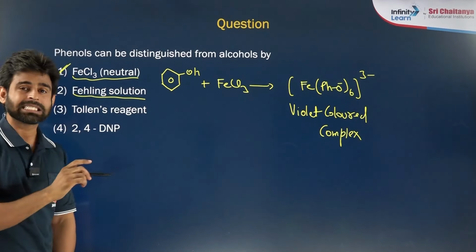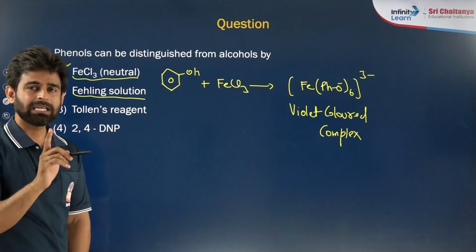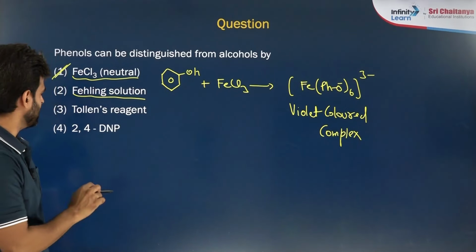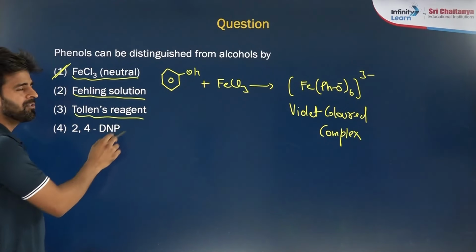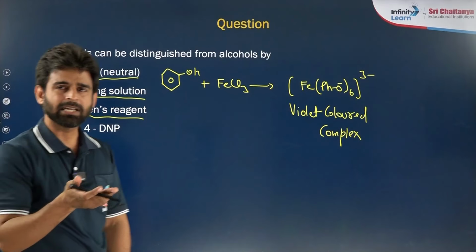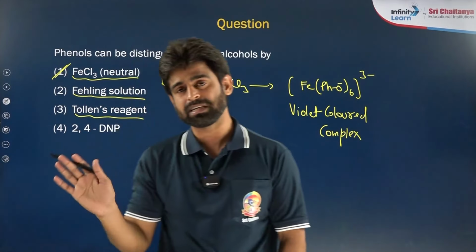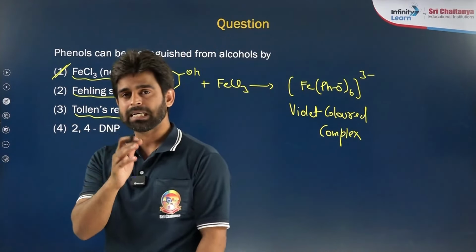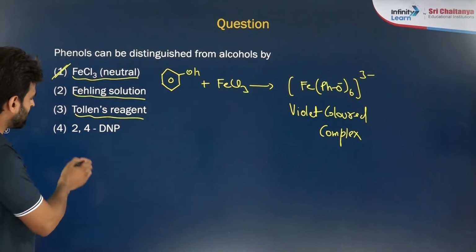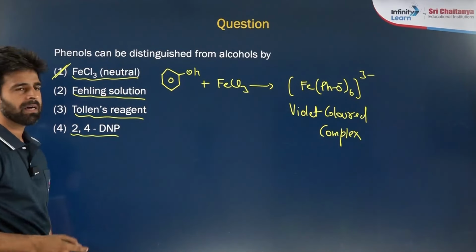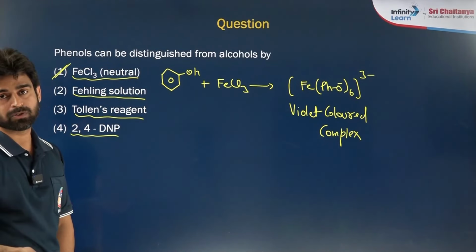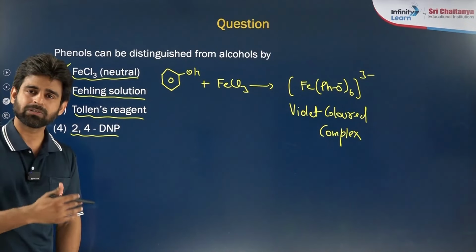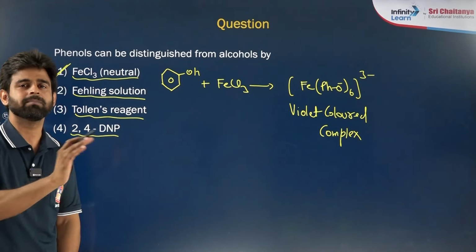And Fehling's test is given only by aliphatic aldehydes, not aromatic aldehydes, right? Tollens' test can be given by aliphatic as well as aromatic aldehydes but not ketones. So it is definitely used to distinguish aldehydes from ketones. And 2,4-DNP can be given by aldehydes as well as ketones, so it is helpful to distinguish aldehydes and ketones from other compounds, right?